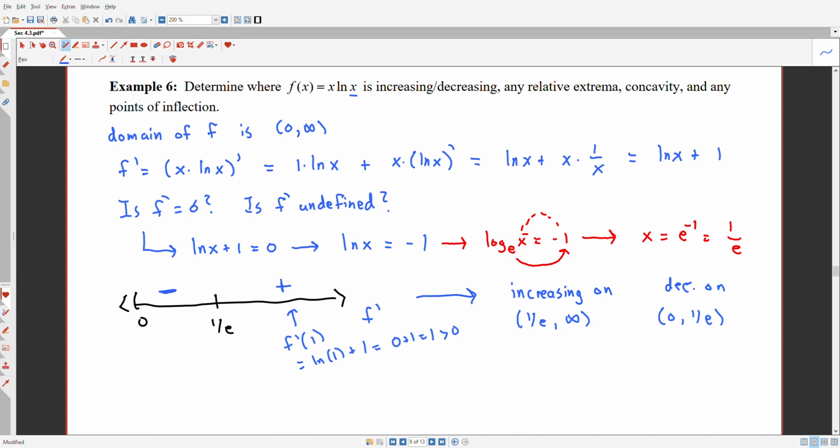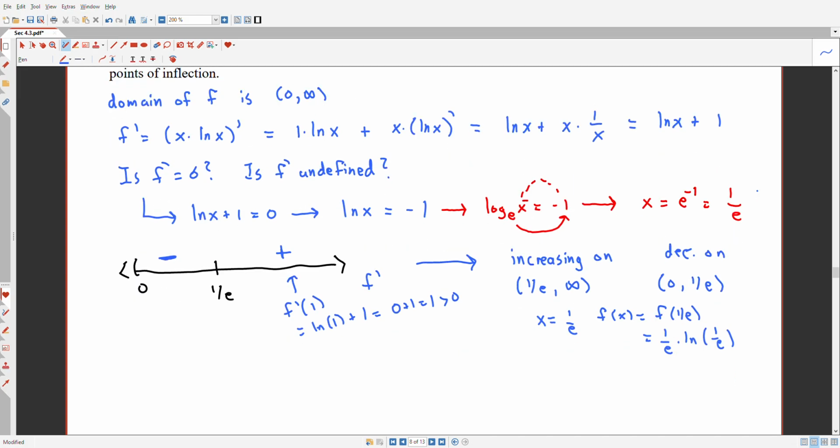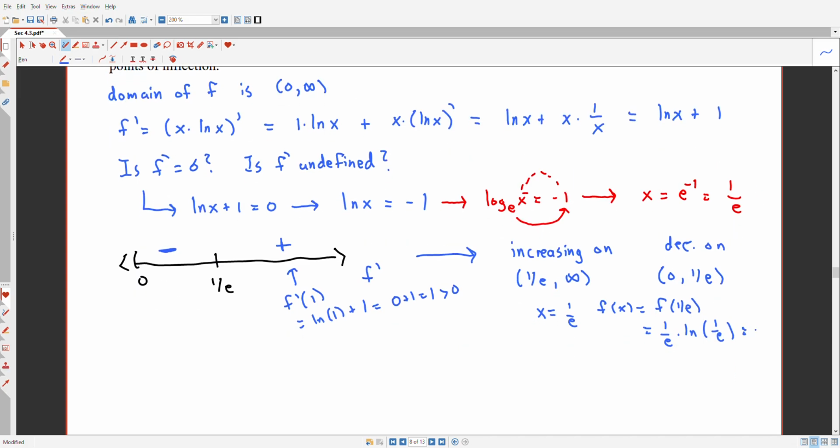And so when x equals 1 over e, f of x equals f of 1 over e. That equals 1 over e times the natural log of 1 over e. That'll equal negative 1 over e.